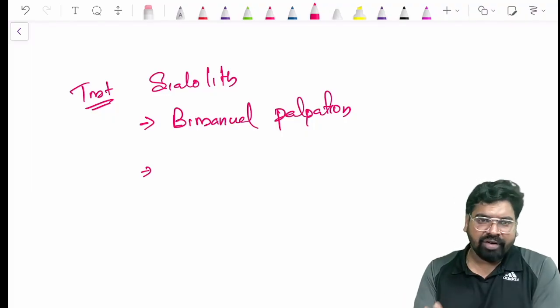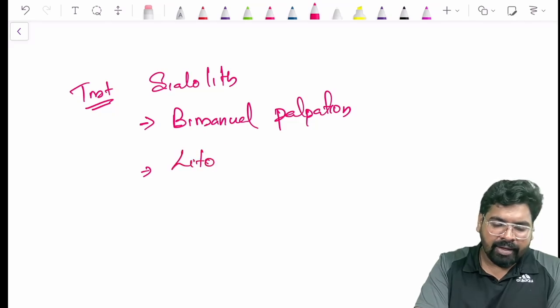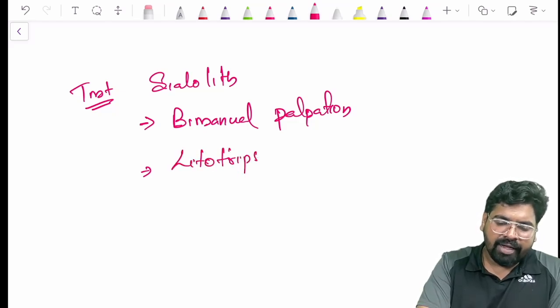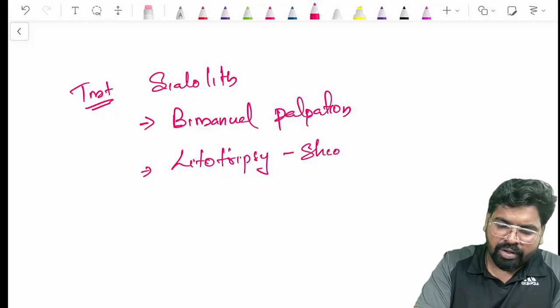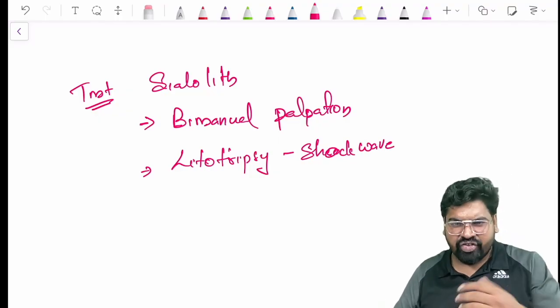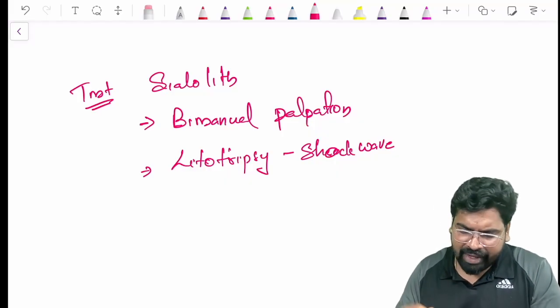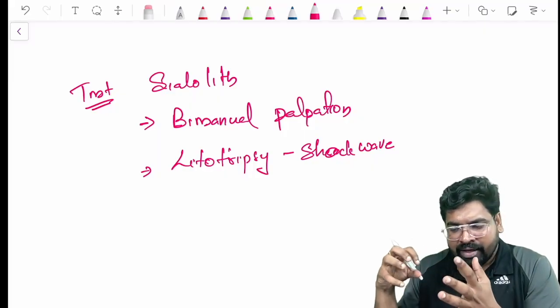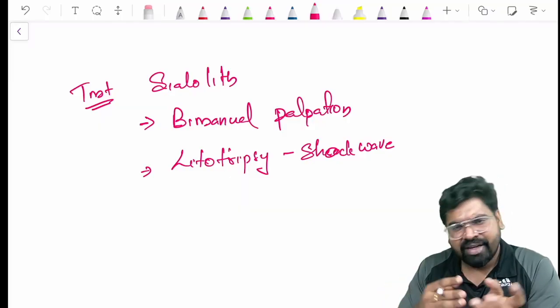If it is not possible, if it is far from the opening, we can do a lithotripsy, that is shockwave lithotripsy. It's actually extracorporeal shockwave lithotripsy. It doesn't matter. It's a shockwave lithotripsy where you give sound energy and you break the stone into small bits and then you remove it.